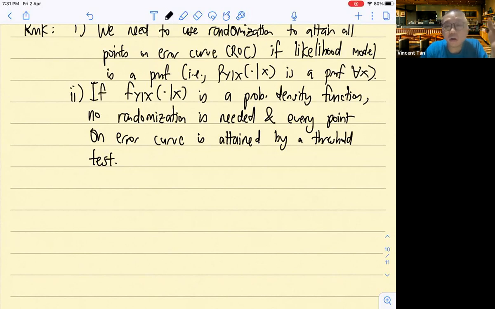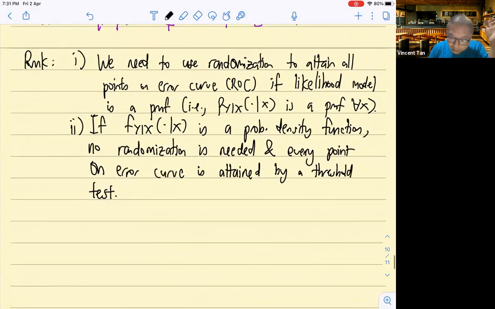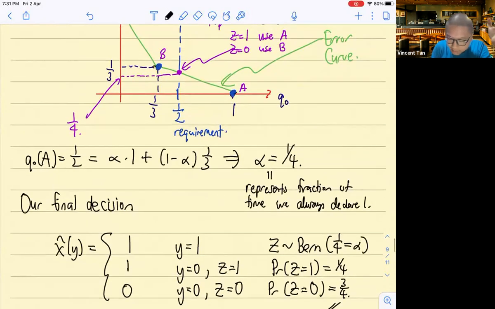If I give you a coin, you will be able to randomize between these two things. If I don't give you a coin, you are forced to use this. Because you have more resources, you can do better, or at least not worse.